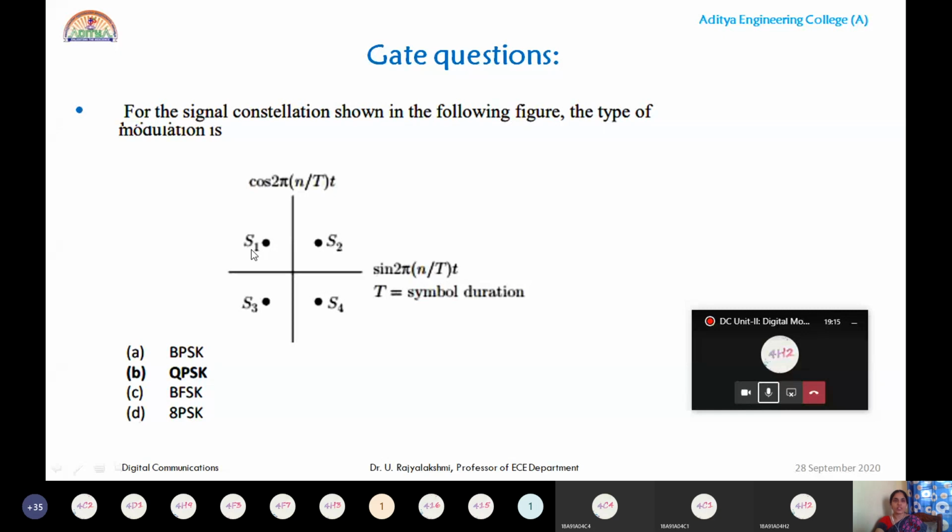See, here you have 4 symbols, S1, S2, S3, S4. Which type of modulation is it? Observe the signal constellation diagram and tell me which kind of modulation it is. Any one of you?